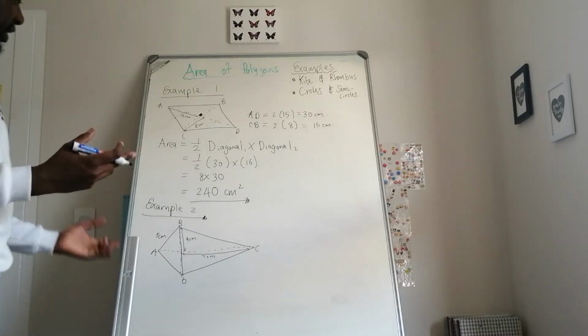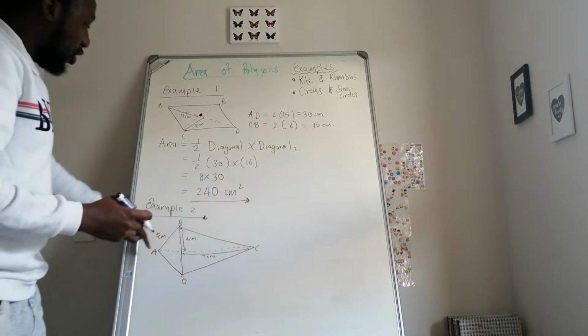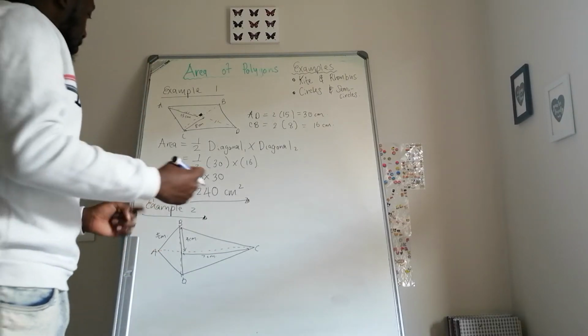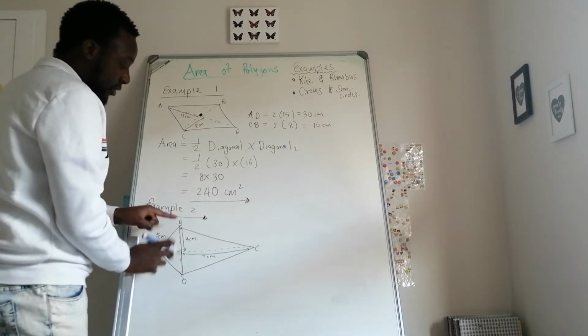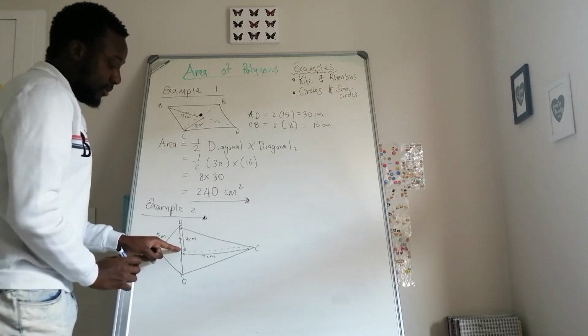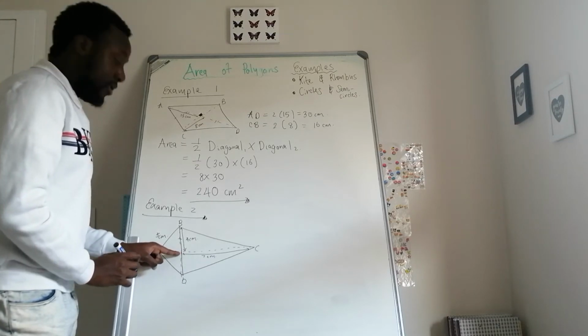So remember what we need. We need this diagonal and this whole diagonal to calculate the area of this kite. So think about it. This distance, getting there to the middle, will be the same as the distance from D to the middle, right?